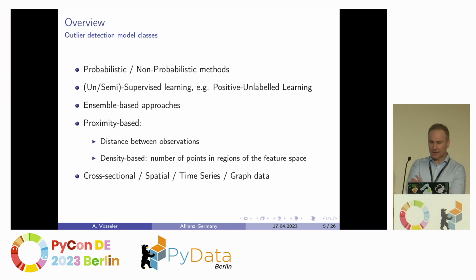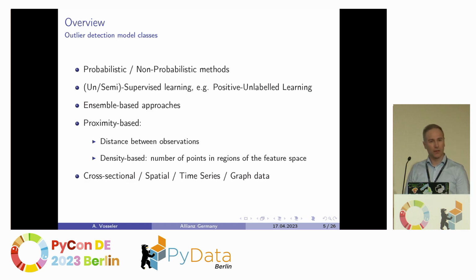You can somehow classify the different approaches that are out there in the literature around certain, let's say, categories. One would be if the method you're using is probabilistic in nature or non-probabilistic. On the other hand, it's about the way you can use supervision in your data. So is it an unsupervised, semi-supervised, or even, let's say, some sort of imbalanced supervised learning problem, or something in between, like a PU learning problem.